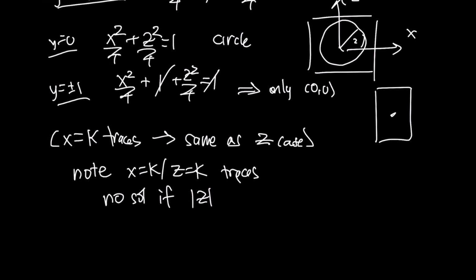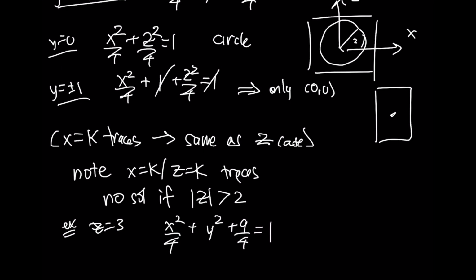So for example, if I had z is equal to 3, I'd have x squared over 4 plus y squared plus 9 over 4 equals 1. Well, this is going to produce a negative 5/4 on this side, and it's impossible for two squares to give me a negative value.